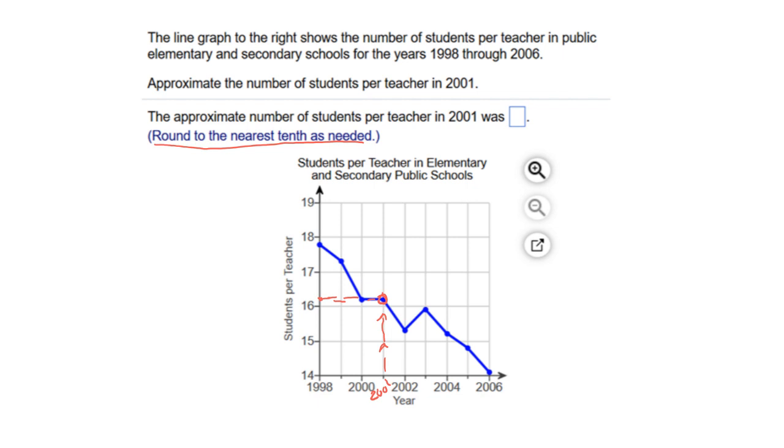In this case, I would say this is really close to about 16.2, only because I know that here's halfway. This would be 16.5, and it's about midway between 16 and 16.5. So a good estimate would be 16.2 or 16.3.